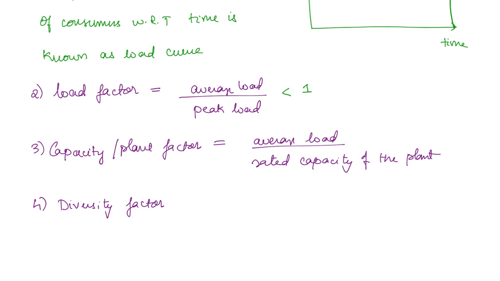So now the diversity factor is the ratio of the sum of the individual maximum demands of each of the types of consumers to the peak demand or the peak load. This is the diversity factor, and it is going to be greater than 1. A higher diversity factor is going to be a desirable characteristic.